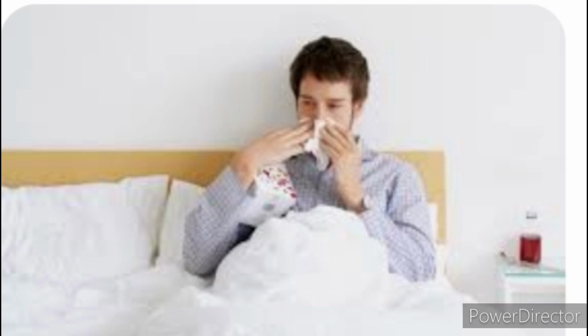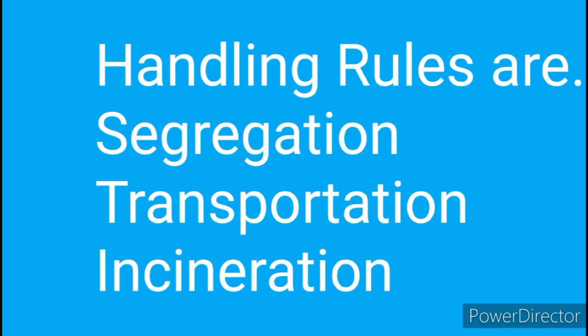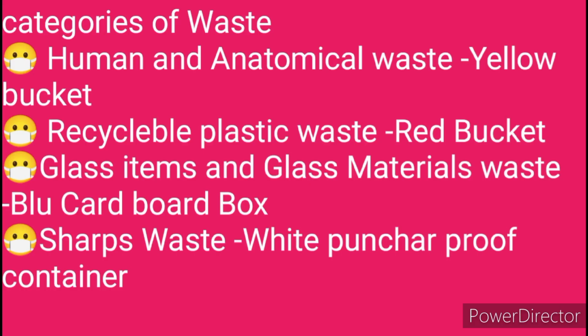Fifth one is waste disposal. Biomedical waste is infected and should be handled in accordance with the biomedical waste management and handling rules, which cover segregation, transportation and incineration. Categories of waste are human and anatomical waste, recyclable waste, waste sharps, and glass items.